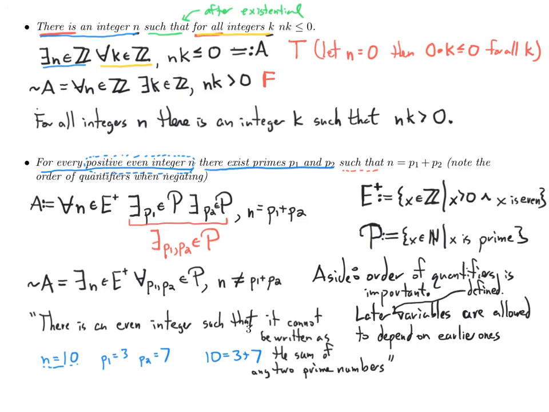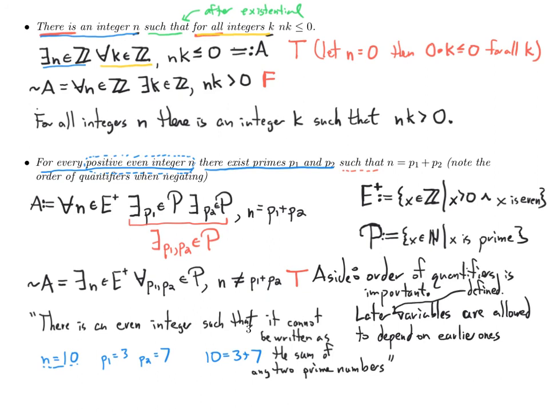Okay, now that we're back, in fact, this time the negation is true. In fact, this is true since, well, if n was 2, I can't write 2 as the sum of two prime numbers.